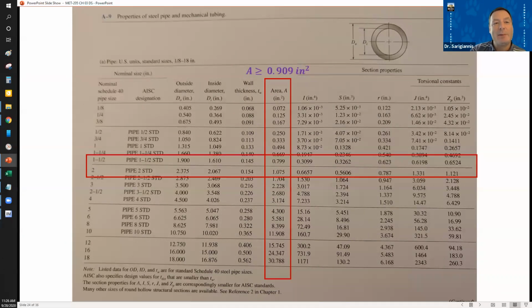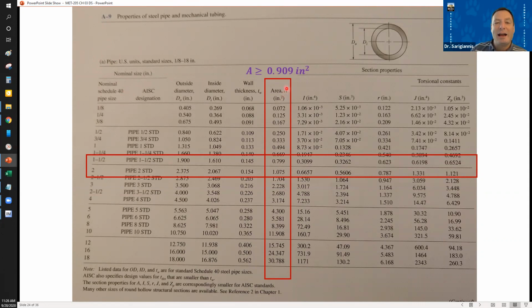So if you go to table A9, you see you've got properties of steel pipe and mechanical tubing right up here. Table A9A is actual pipe standard sizes, right? You can see here nominal Schedule 40 pipe size.